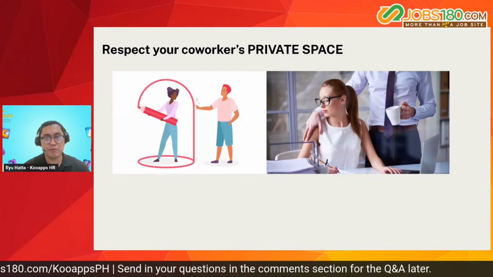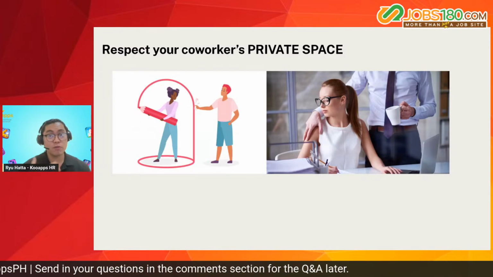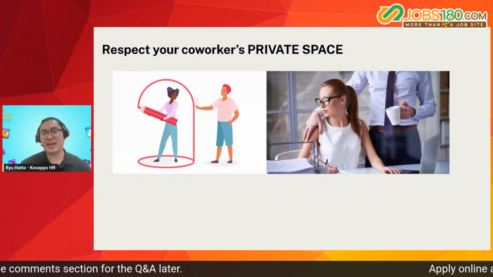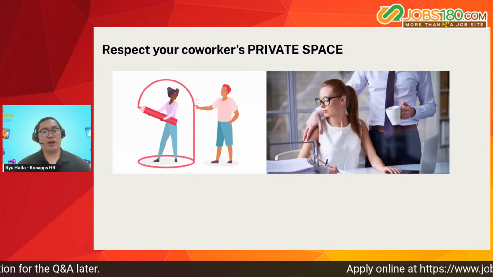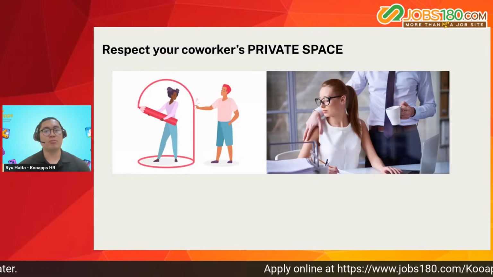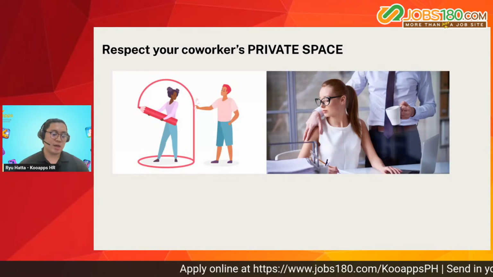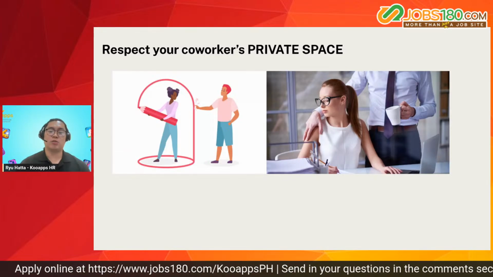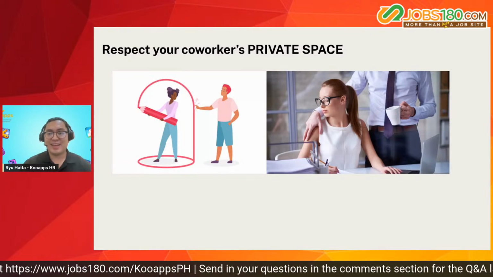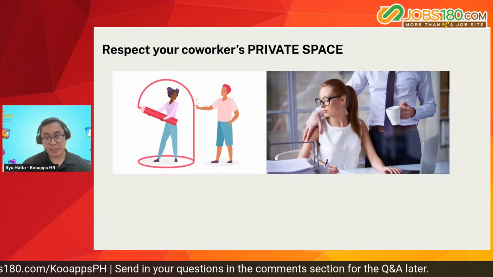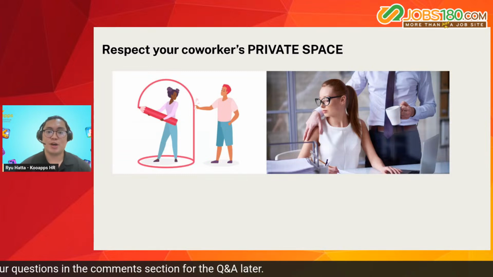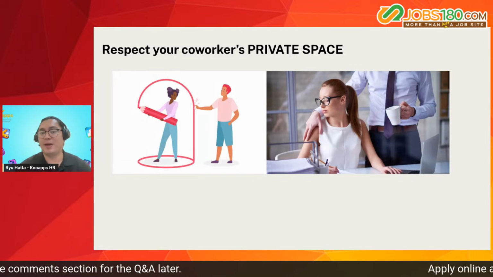A simple wave or calling their name will suffice. Or better yet, use the messaging platform your company has. For example, if you're trying to address me, just contact me on my messaging app and just say, "Hi, Ryu, can we talk about this? Can we talk about that? I have this thing to discuss with you." That is perfectly fine and professionally speaking, very good in terms of respecting your coworker's private space.